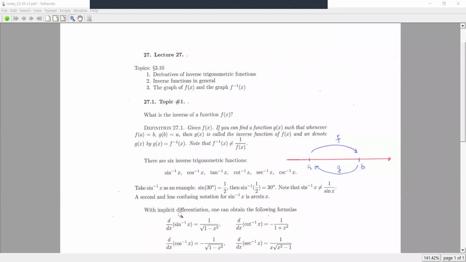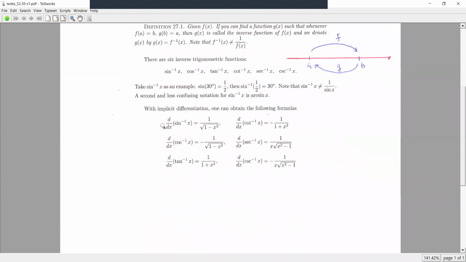With implicit differentiation, one can obtain the following derivative formulas. Derivative of inverse sine is 1 over the square root of 1 minus x squared.